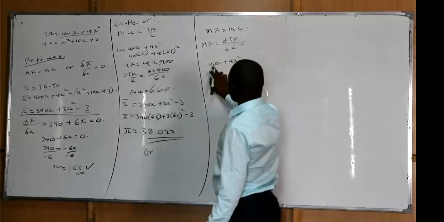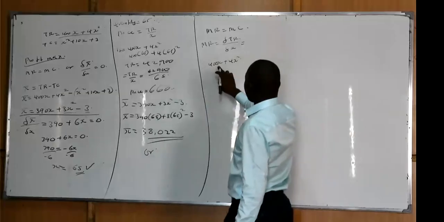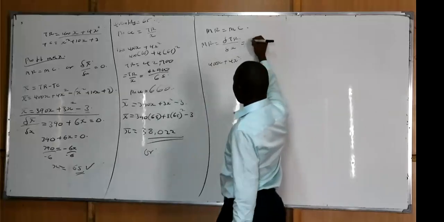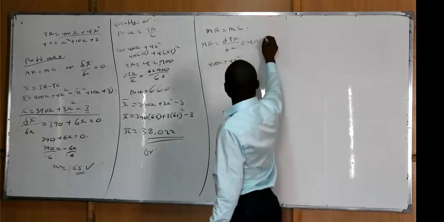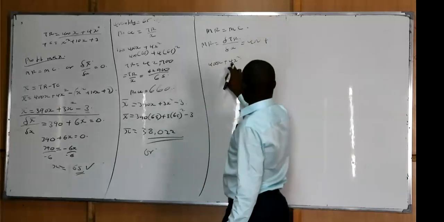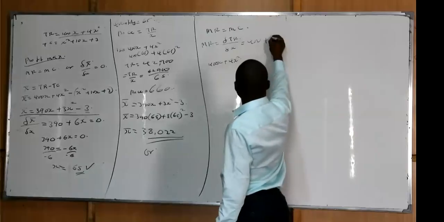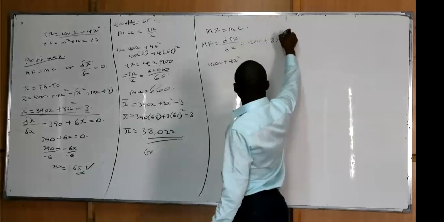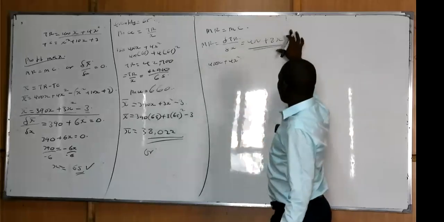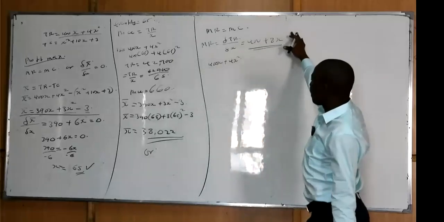When we differentiate 400x, we remain with 400. Then 2 times 4 you get 8x. So this is the marginal revenue function.